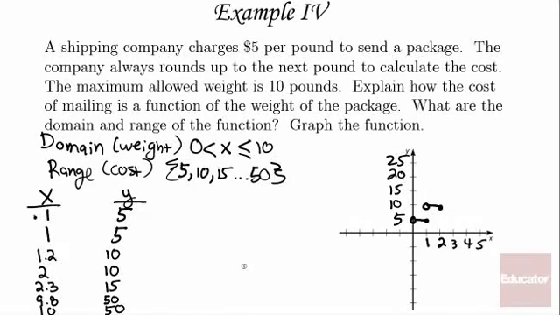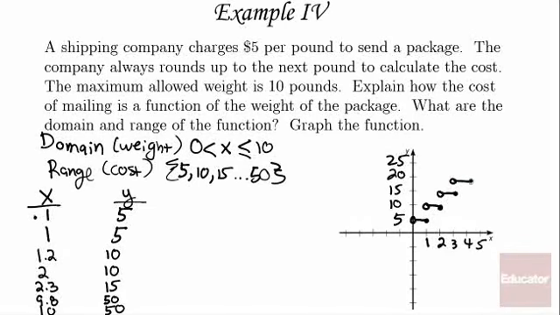As soon as it gets to slightly over 2, they round up and charge me $15. 2.5, etc., 2.9, $15. And then I get to 3 pounds, they charge me $15. As soon as it goes over that 3 pound mark, I'm being charged $20. And that ends at 4 pounds.